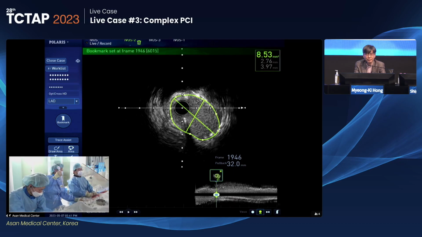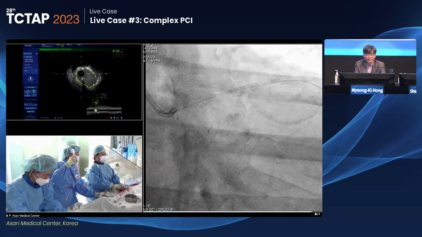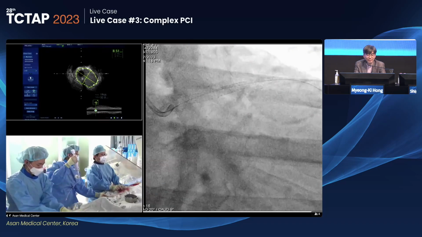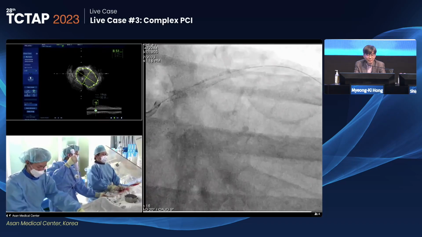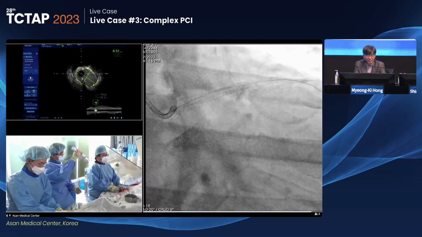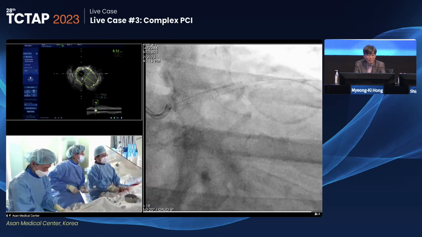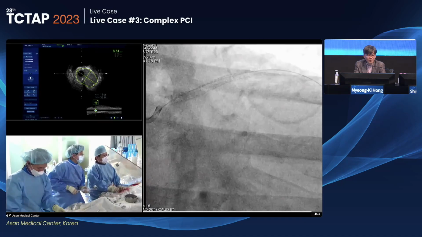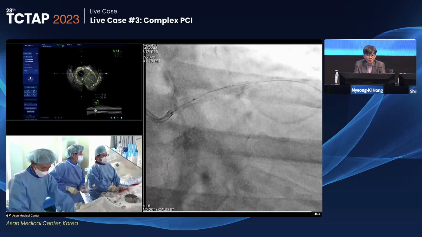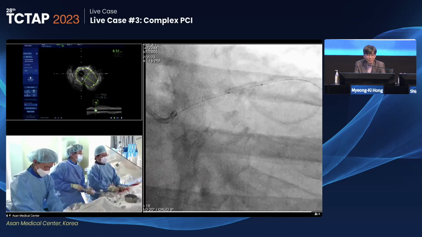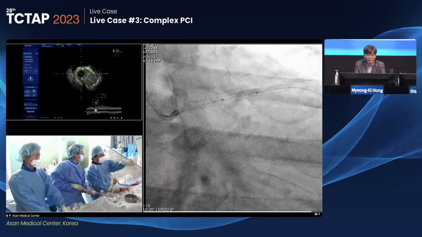Okay. 8.5, so more than 5 or 5.5. So definitely the minimum stent area is above our criteria, 5.5, around 5 or 6.